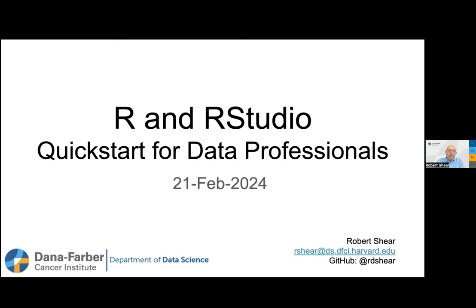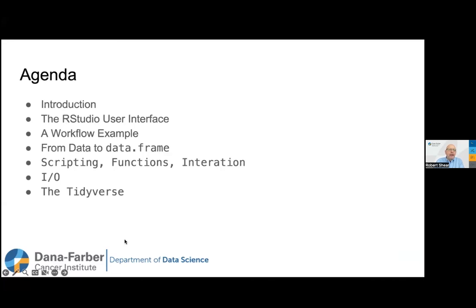Today, we're going to spend 2 hours on what I called the Quickstart for data professionals for RStudio. Let's look at the agenda. I've asked you to familiarize yourself with the first three chapters of Rafael Irizarry's Introduction to Data Science online book, and also warn you that I expect that everyone here has some experience with a high-level programming language.